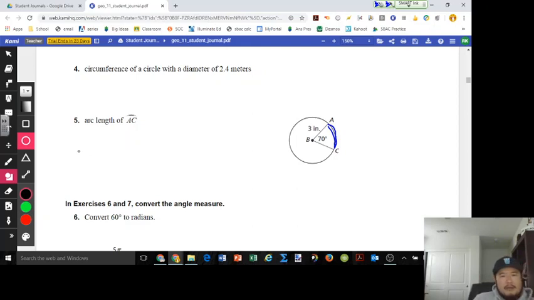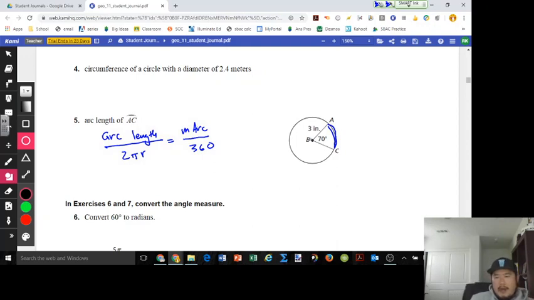Remember, it was arc length divided by 2 pi r is equal to the measure of the arc over 360. Remember, I was telling you, the left side right here is going to deal with measurement, length. Over here, we're dealing with degrees, angle measures.